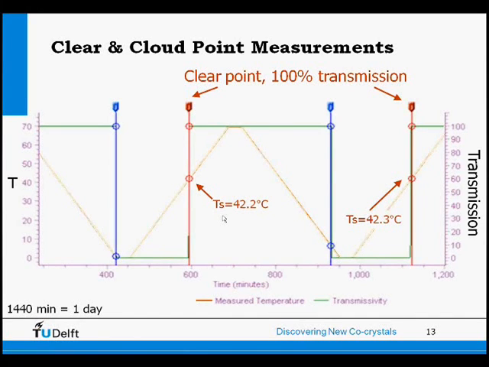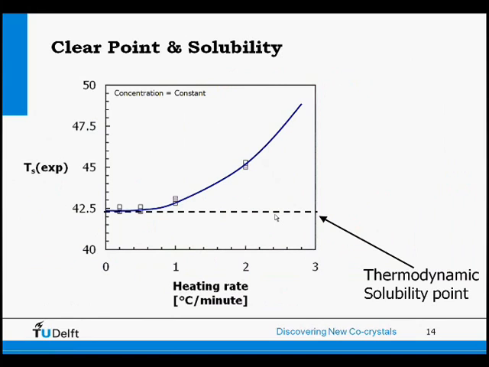And if you do that multiple times, you see that the saturation temperature hardly changes. So that enables you to get solubility data within 1 day. And well, you have to use a specific heating rate.